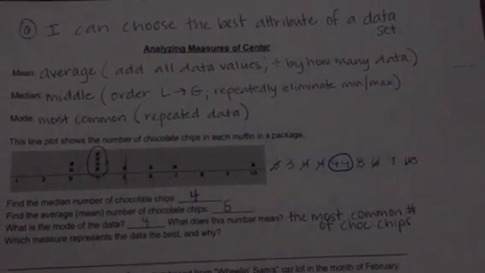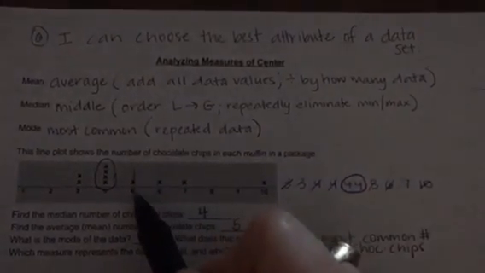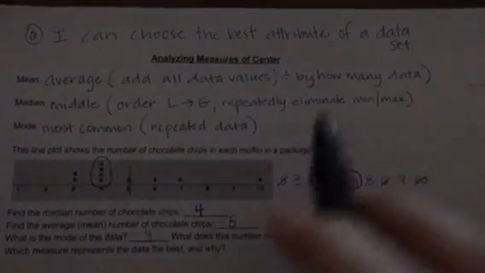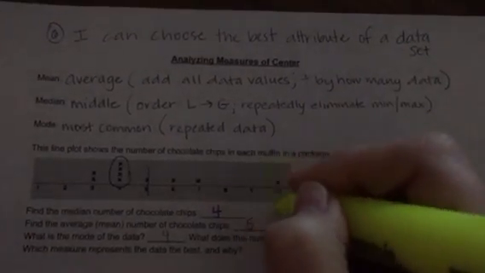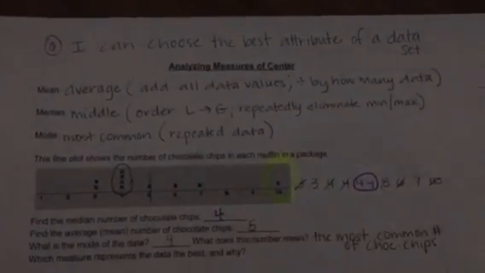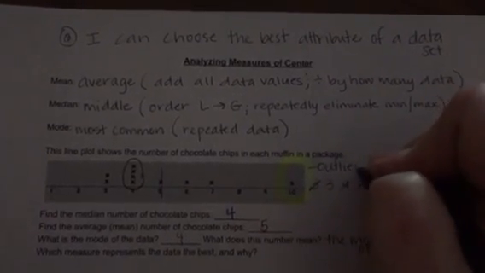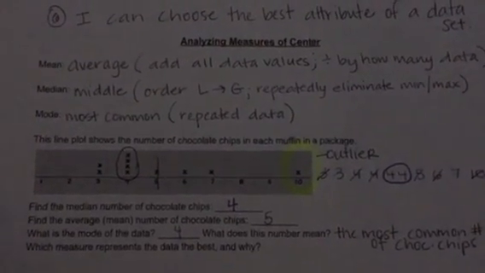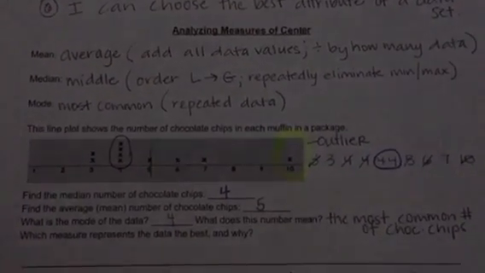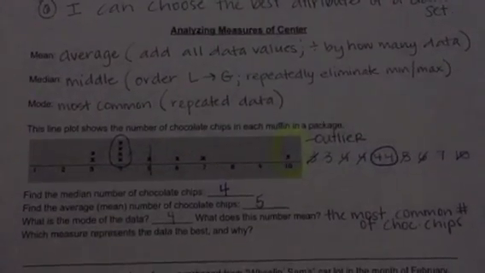And if you look at this, it's very clear to see that that is not the balancing point. And there's a reason for that, and that's because we have this number right here. And I hope that you will remember that this is called an outlier. An outlier is a number that doesn't fit with the rest of your data. And that outlier skews your data.